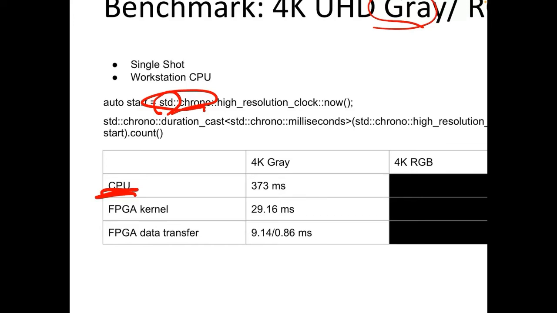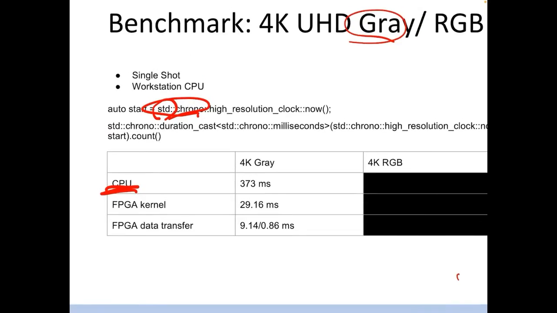We can see that if we consider only the kernel time of the FPGA, it can actually achieve real-time performance for 4K gray images. However, we have to account for the data transfer.